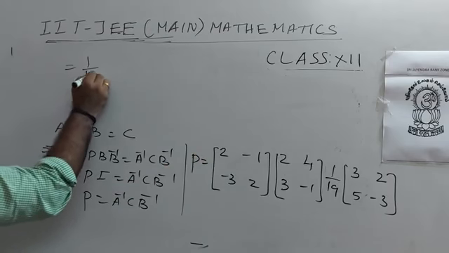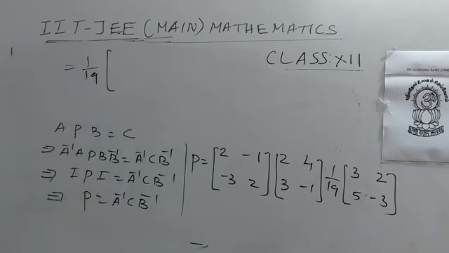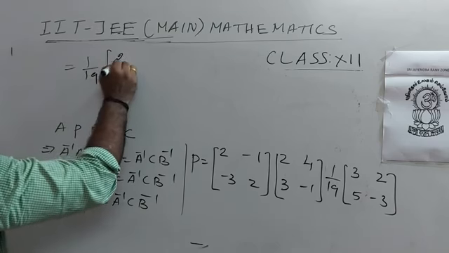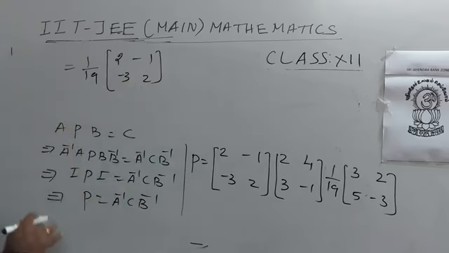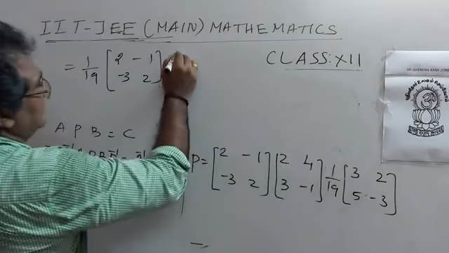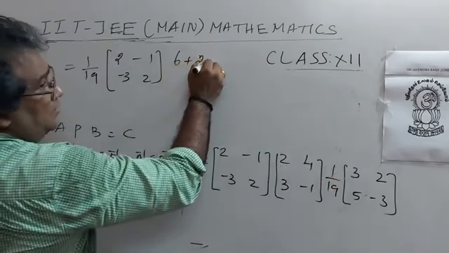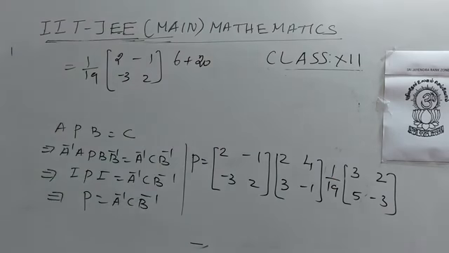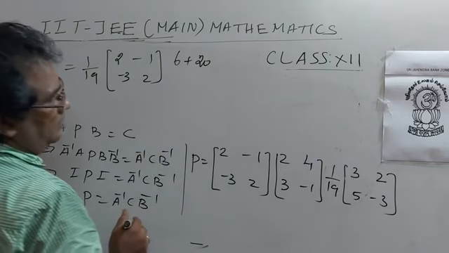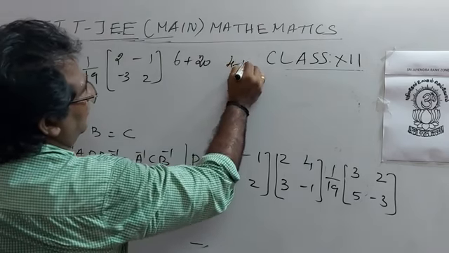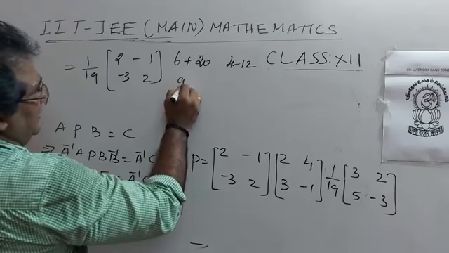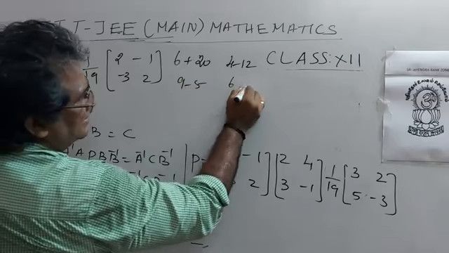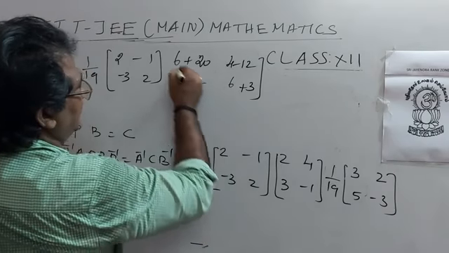Equal to 1 by 19 [[2, minus 1], [minus 3, 2]] times... As it is, 2 into 3, 6 plus 20, 4 minus 12, 9 minus 5, 6 plus 3.